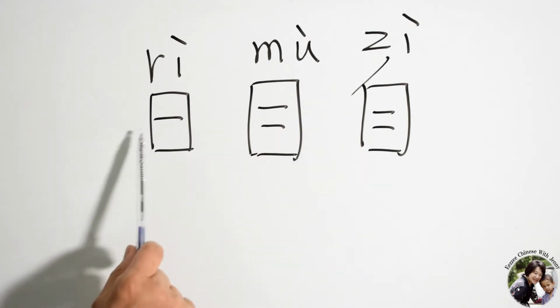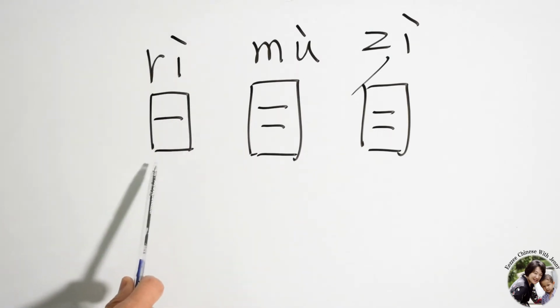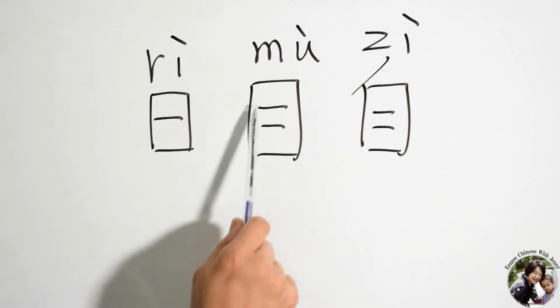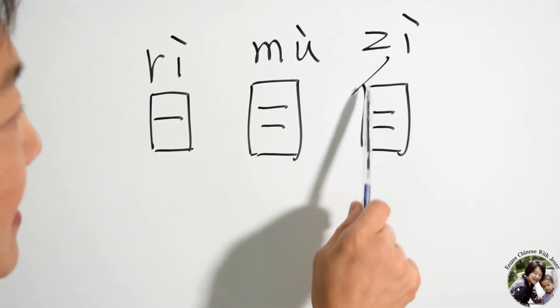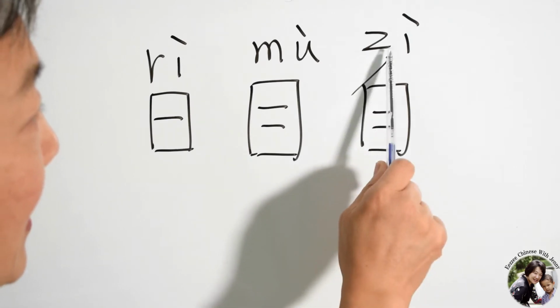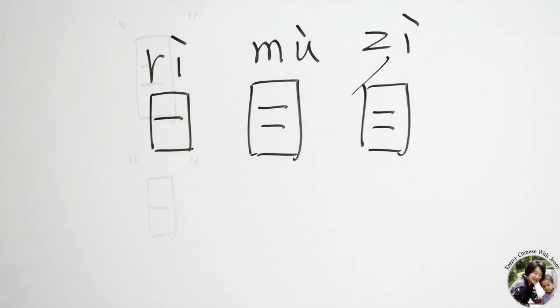Look, this one, only one stroke inside. It is 日, sun. Mu, two strokes inside, eye. 自, two strokes inside, and one 一撇 on the top means yourself.